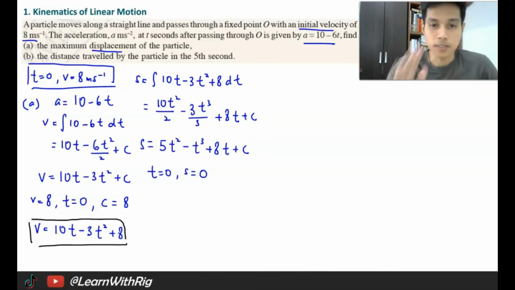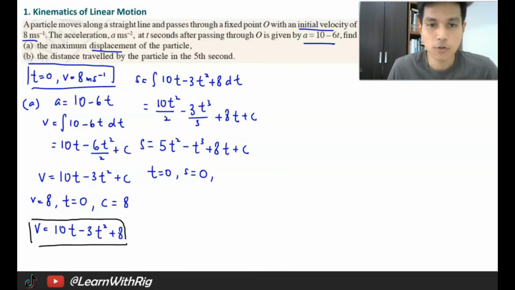This assumption you can only make when the question didn't mention anything. If the question mentioned that when t equals 0, s equals 10, the displacement is 10 meter, then you need to use 10. But in this case, they didn't mention, so we can assume that when t equals 0, displacement also equals 0.